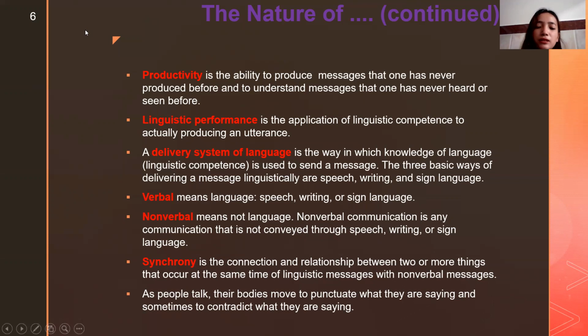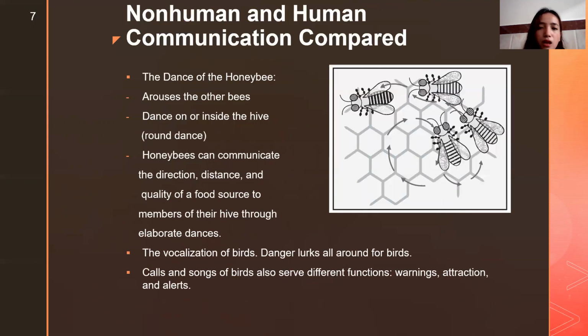Synchrony is the connection and relationship between two or more things that occur at the same time, of linguistic messages with non-verbal messages. As people talk, their body moves to punctuate what they are saying and sometimes to contradict what they are saying. Let's talk about comparing non-human and human communication.